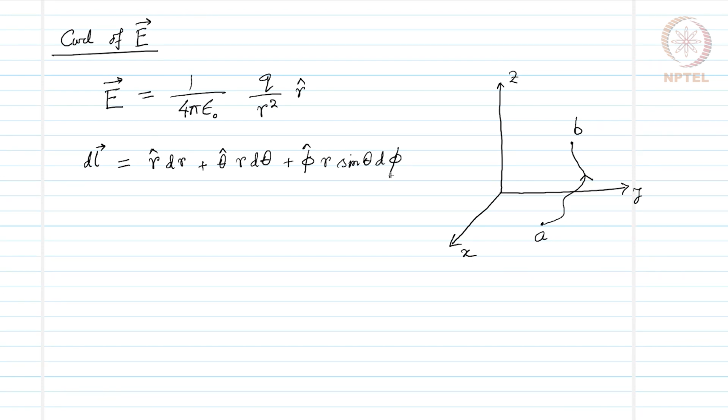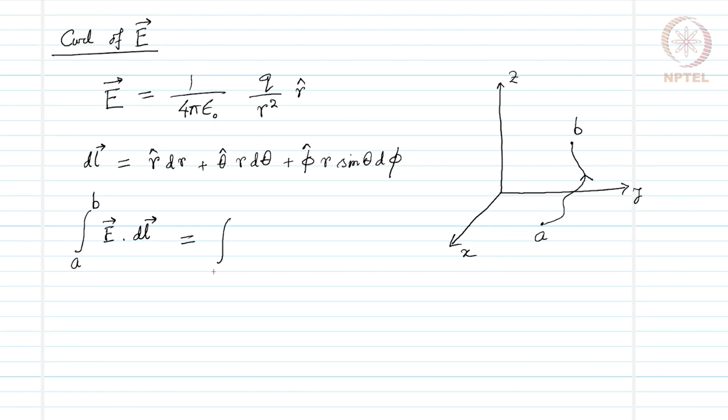So, this is the general expression for a line element in spherical coordinate system, and if we integrate from A to B E dot dl, then we get, because the electric field is not a function of theta and phi, or the electric field does not have any theta or phi component, it only has r component, r cap, we will have only the dr part being relevant.